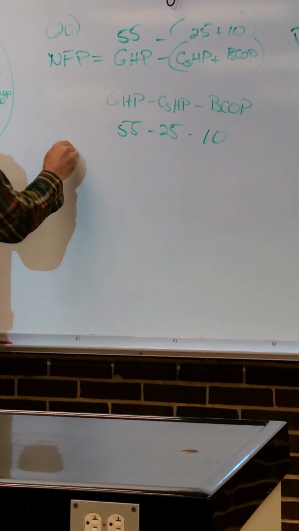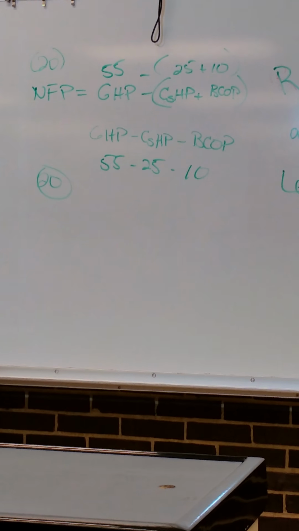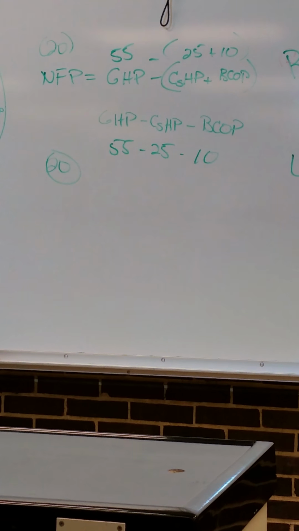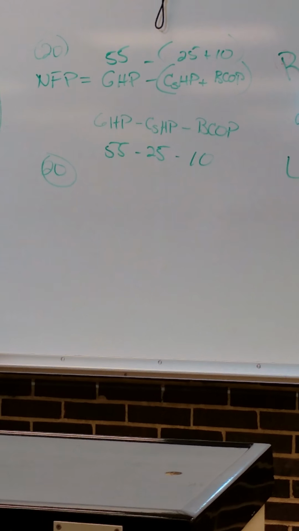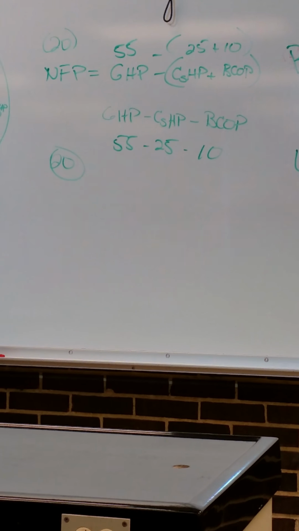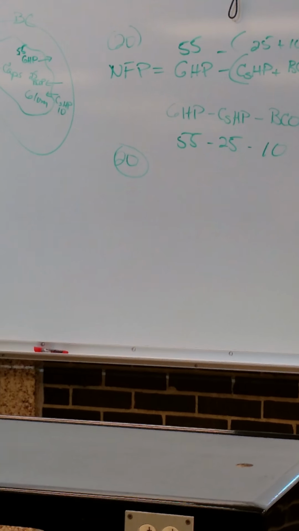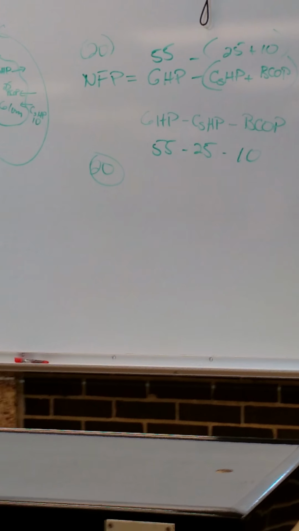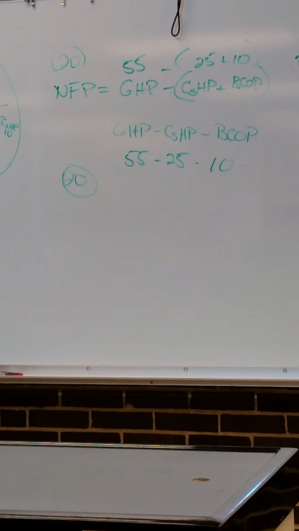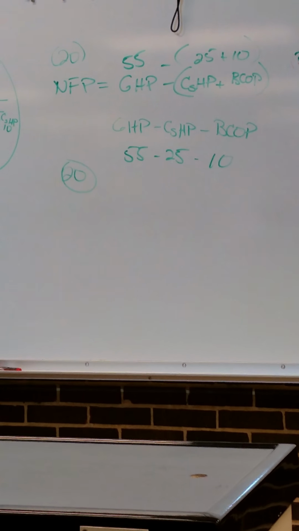Same number. So just make sure you see these pressures and can write the formula. Obviously, there are different ways to write the formula. Then I add numbers to it.